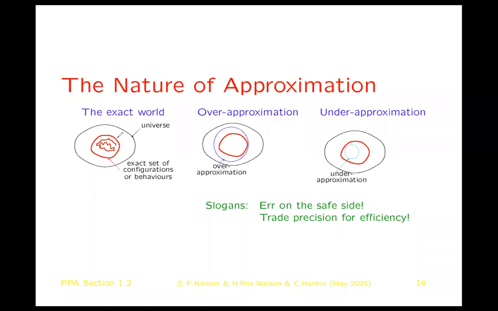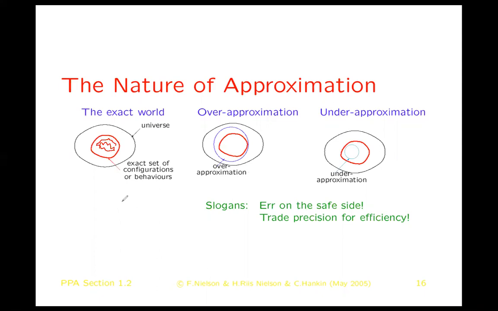Number two, in order to uncover or discover them, you have to provide suitable input. So we have to do an approximation of these execution paths. Sometimes we do over approximation, and sometimes we do under approximation. In some cases, over approximation is better, and in other cases, under approximation is better. Whether we do over approximation or under approximation depends on what kind of transformation that we are trying to apply.